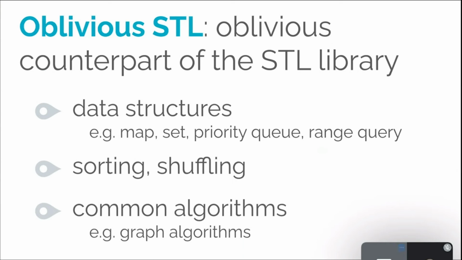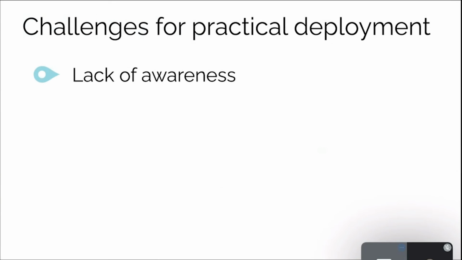But if you are willing to take your program and replace each of the building blocks with a more customized Oblivious counterpart, you can potentially get better performance. There's often a logarithmic factor you can improve by doing this customized approach. And this is one reason why we are building this Oblivious STL library.